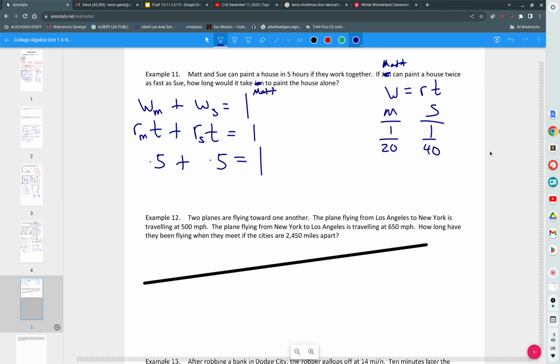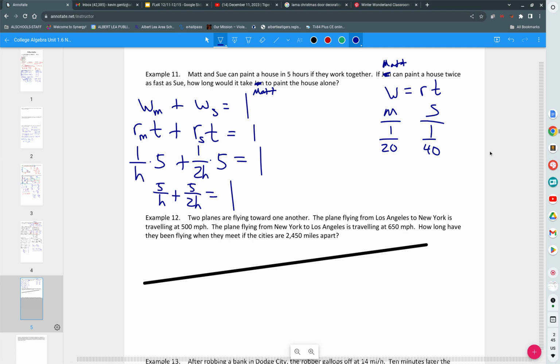So if it takes Matt 1 house every H hours, then it takes Sue 1 house every 2H hours. See how doing one example in my head helped me set that part up? Otherwise, I'm guessing a lot of people would put the 2H on the bottom for Matt. And so we get 5 over H plus 5 over 2H is equal to 1.